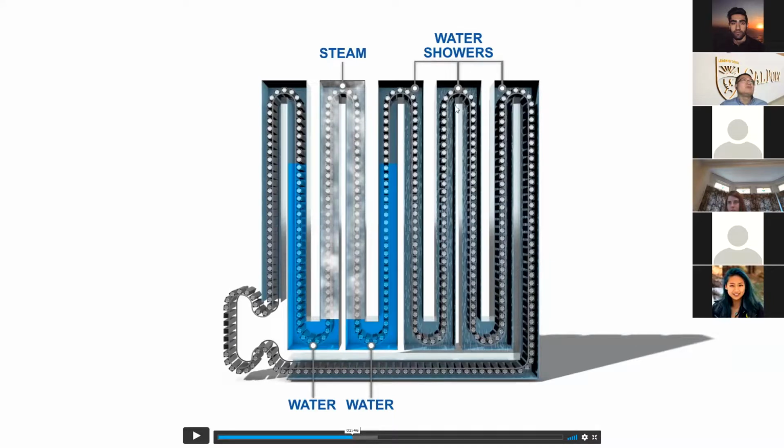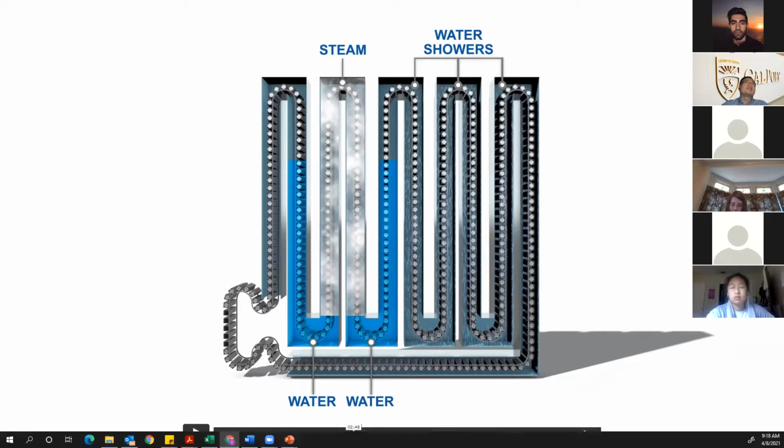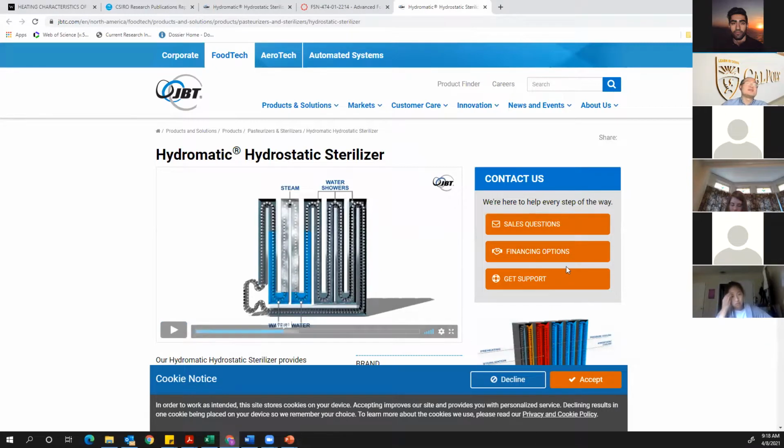And finally, we use water to cool it down. So everything is controlled by water, right? And because all the water is not contaminated at all, we can simply reuse it. So this is a very genius design by JBT.